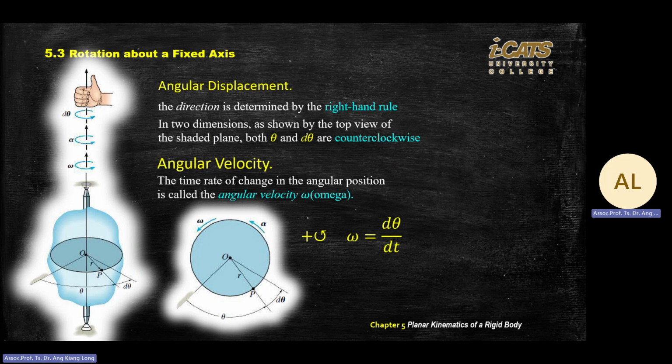Or you can see it as velocity in angle form, meaning how fast it turns. So you start to use radian per second, not degree per second, it's radian per second. So you need to convert all the angles into radian. In the question, usually they give you degree, but you need to convert the degree into radian.